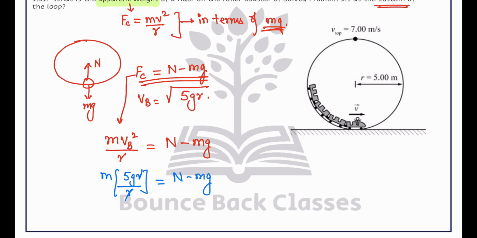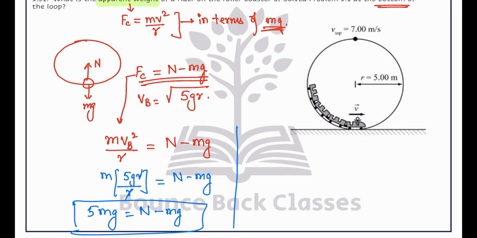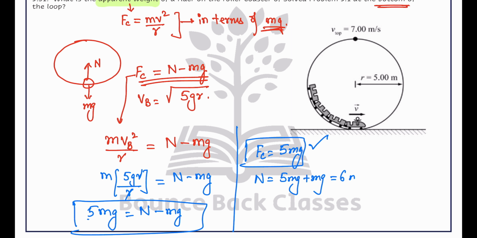R and R cancel, so 5 times mg is equal to N minus mg. Okay, from here I understand two things. What is this? Fc is equal to 5 mg. Yes or no? Okay. And what is the value of normal force? That will become 5 mg plus mg, that is equal to 6 mg.